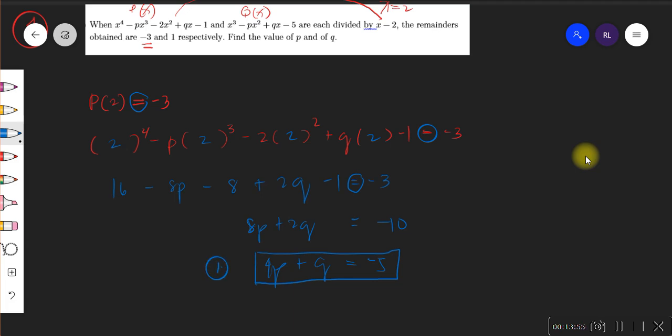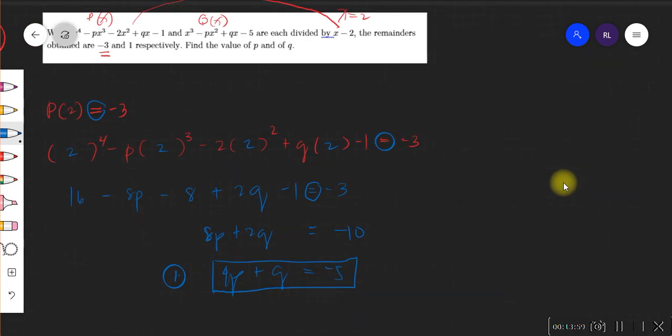Our second equation is, if we're going to divide q of x by x minus 2, the remainder is 1. So it simply tells us that q of 2 is just 1.